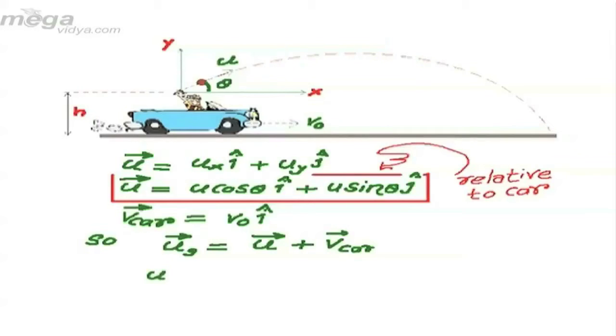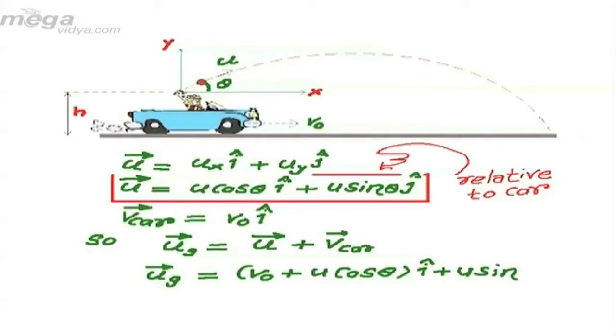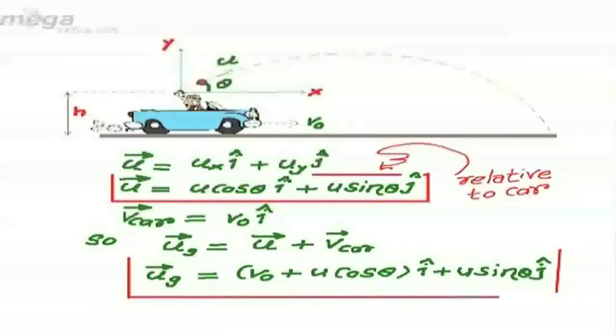So, u with respect to ground for the thrown projectile is equal to (v naught plus u cos theta) i cap plus u sin theta j cap. Remember, this is the velocity which we have to use in further calculations about this thrown projectile.